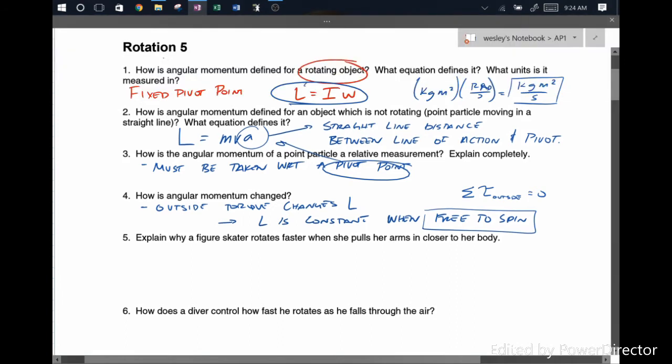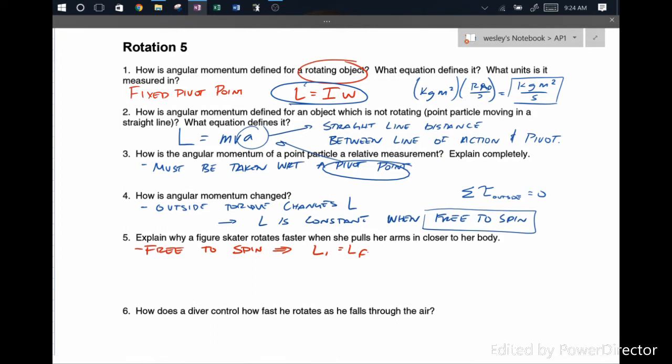So when a figure skater pulls her arms in close to her body, first off, she's free to spin. What that means is that before she pulls her arms in and after she pulls her arms in, she's going to have the same angular momentum. That's the first thing.